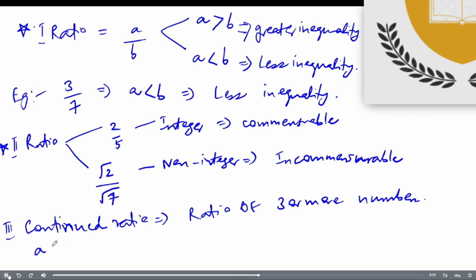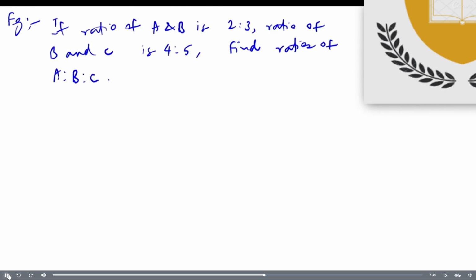For example, we have A is to B is to C. That is 3 or more numbers. That is a continued ratio. Let us take an example to understand the continued ratio better. I'll give you a very nice example. This is asked in the exams. This is a beautiful example, so please pay attention very carefully.